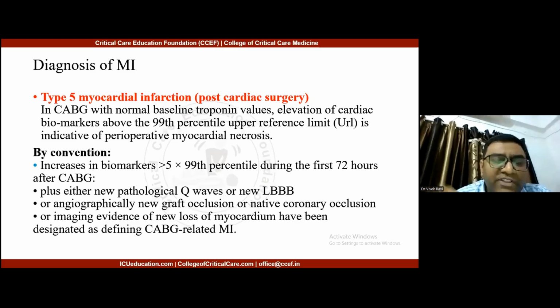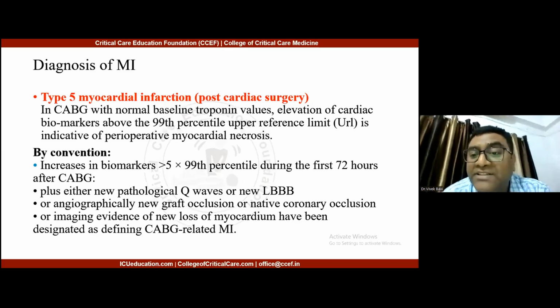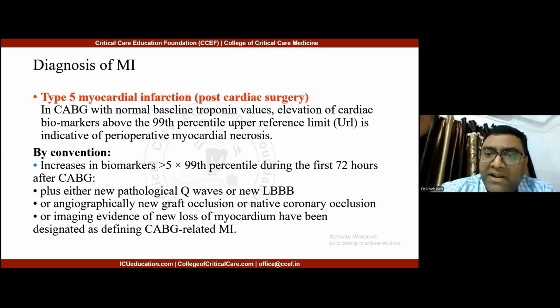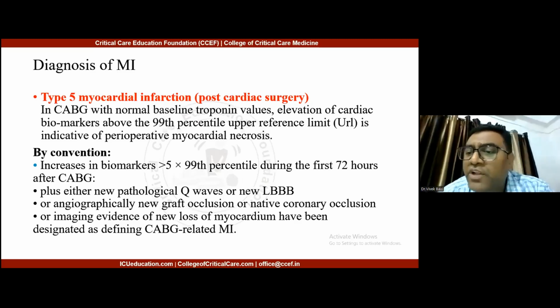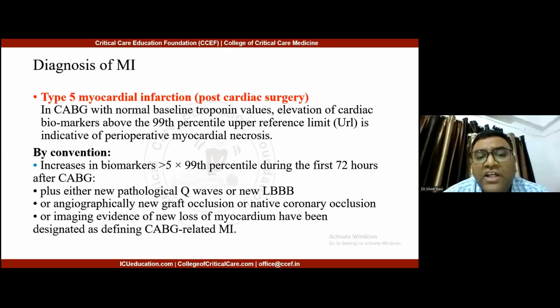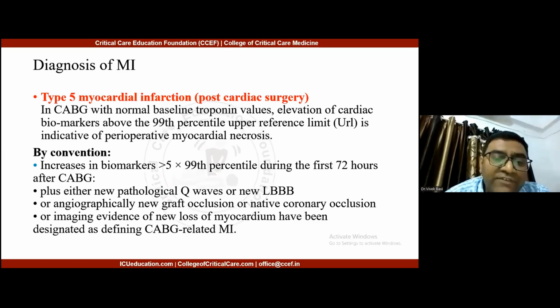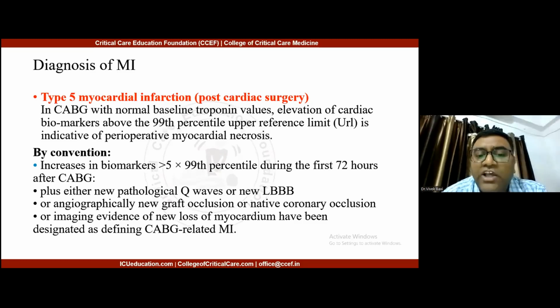They came up with a guideline saying an increase in biomarkers more than 5 times the 99th percentile of the upper reference limit during the first 72 hours after CABG, plus either new pathological Q waves or new LBBB. On angiography, if you do the CAG, a new graft occlusion or native coronary occlusion, or on imaging, a new loss of myocardium, have been designated.